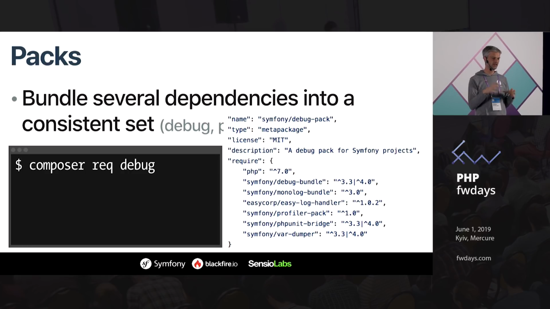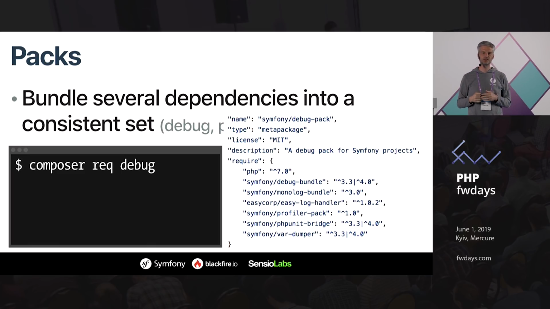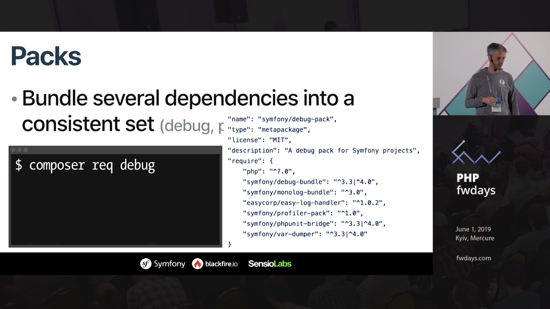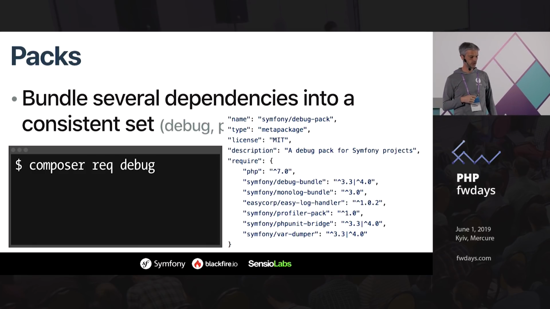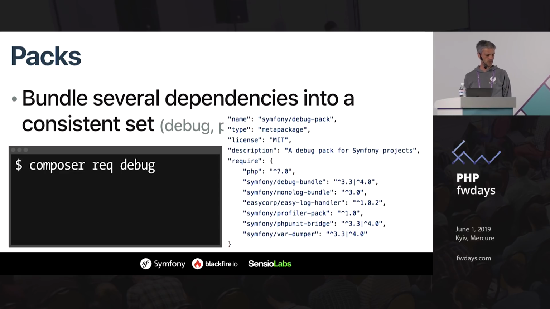So we have packs. A pack is just an empty package with more dependencies. So here you can see the debug pack, and you can see that we have the debug bundle, the Monolog bundle, the profiler pack, which is another pack, PHPUnit, and so on. And then it installs all the dependencies coming from those dependencies.